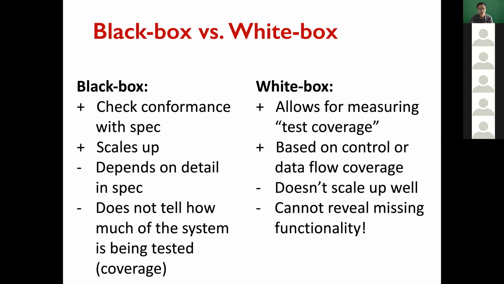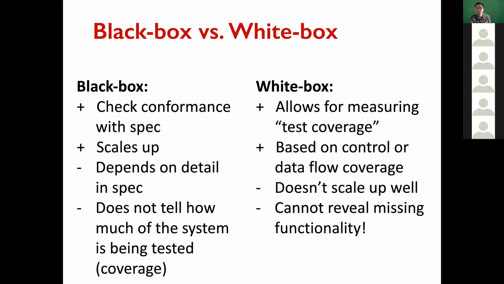Okay, so we talked about white box and black box testing. So let's compare them. If you see a plus, it means an advantage; if you see a minus, it means a disadvantage. Black box testing checks the conformance of the system with the specification.